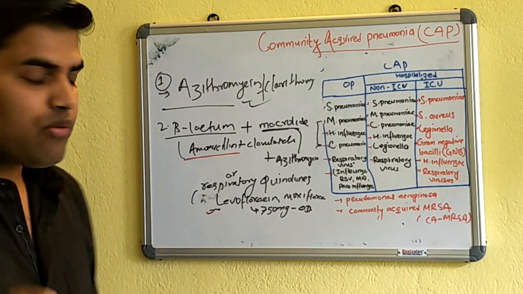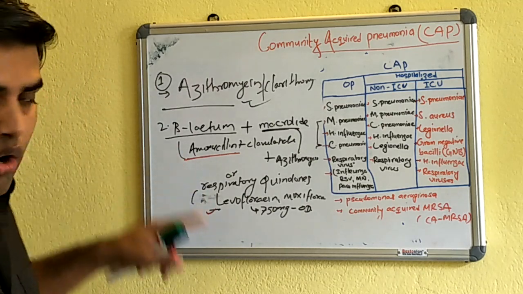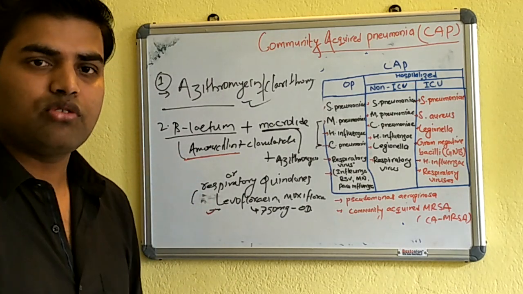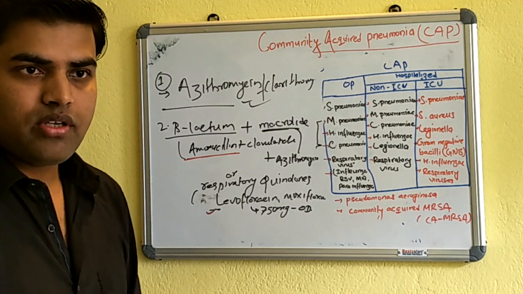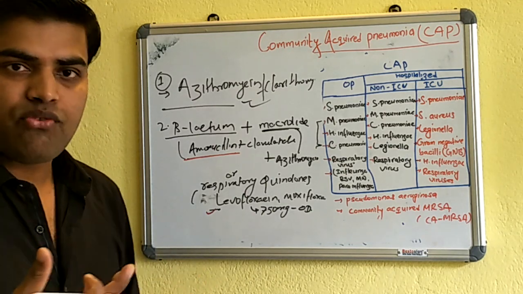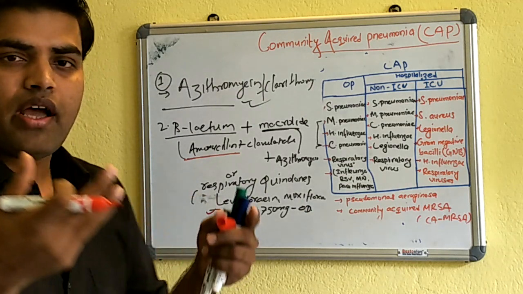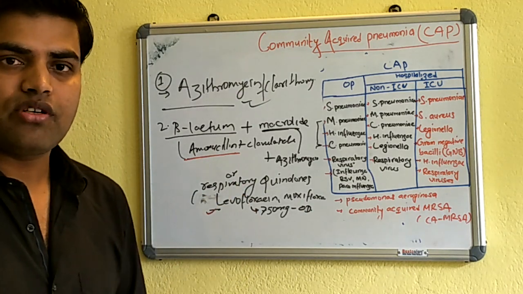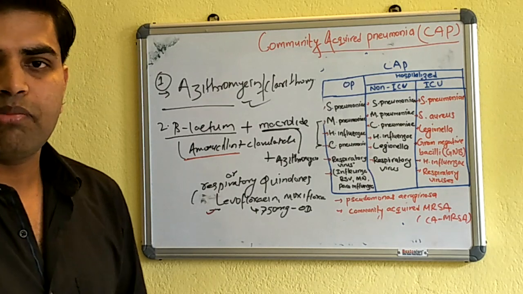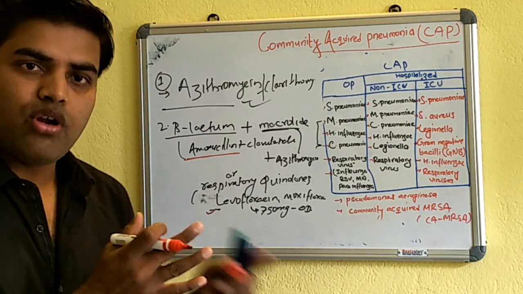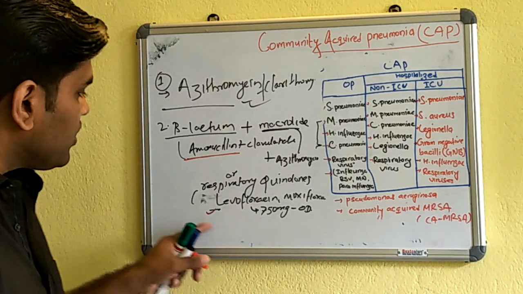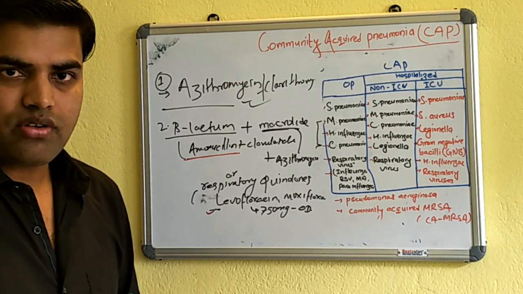So use it only if there is a penicillin allergy or you have ruled out tuberculosis. Tuberculosis you can easily rule out by sending the sputum sample for AFB stain and GeneXpert, and also by symptoms and a clear and deep history of the patient. If you rule out TB, then you can go for the respiratory fluoroquinolones.